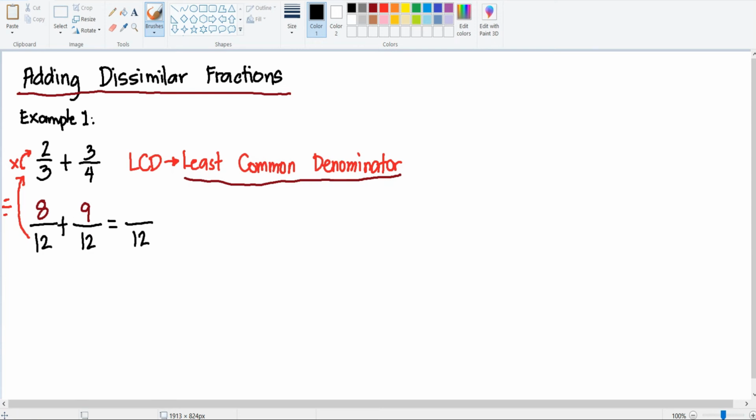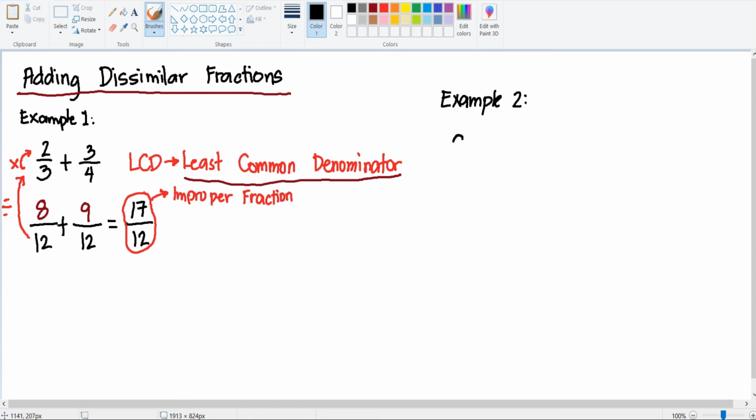So we have 8 plus 9, that is equal to 17. So our final answer is 17 over 12. Now, as you can see, our answer is an improper fraction. So, it depends upon the instruction if you will transform the improper fraction to the mixed fraction. But in our case, let us just leave it as an improper fraction.